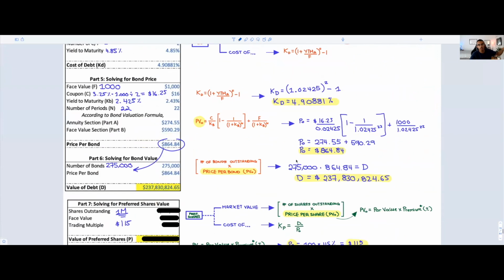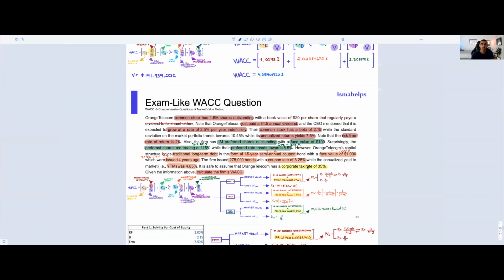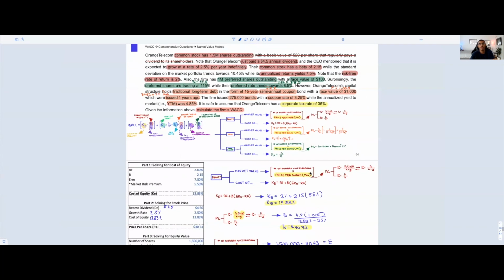After an hour and 33 minutes of walking through this very easy concept that we found a way in finance to make it more complicated. But all jokes aside, the skills that we talked about in this question are actually going to apply in several different chapters.